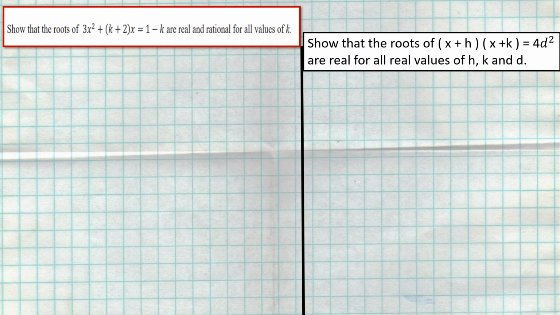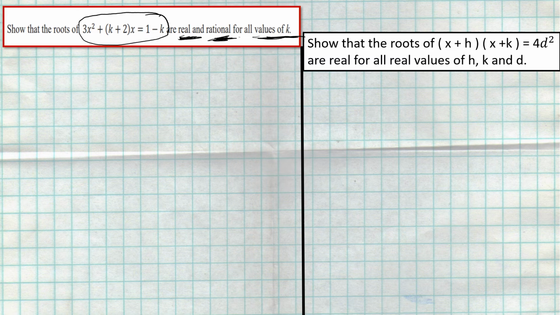It says, show that the roots of 3x squared plus k plus 2 x equals 1 minus k are real and rational for all values of k. So what they want you to do here is to show that the roots of this equation are real and rational.